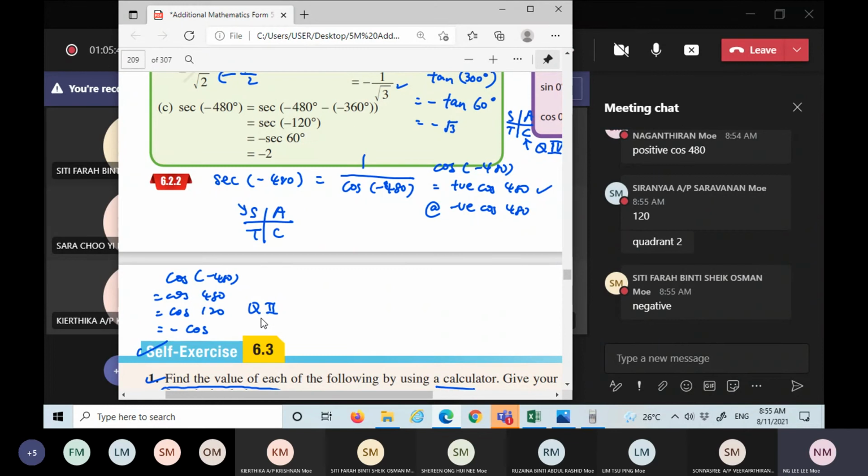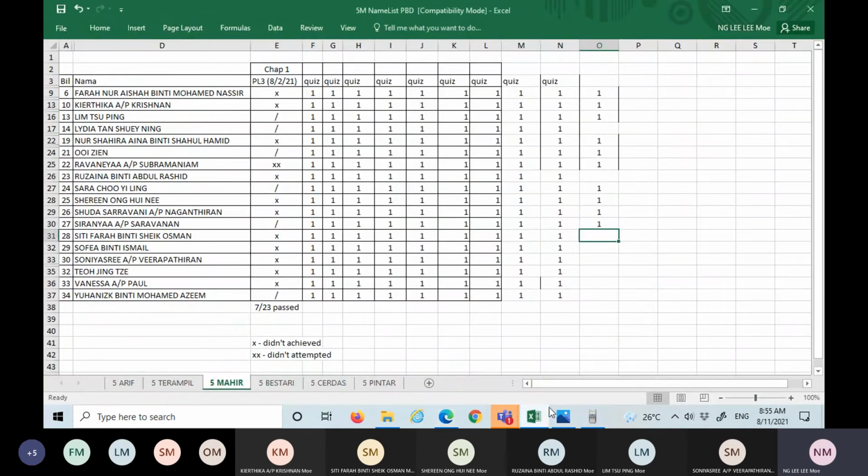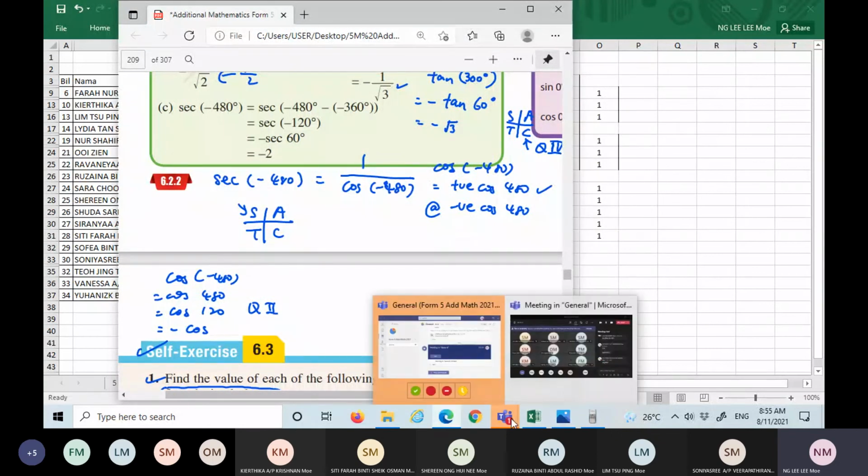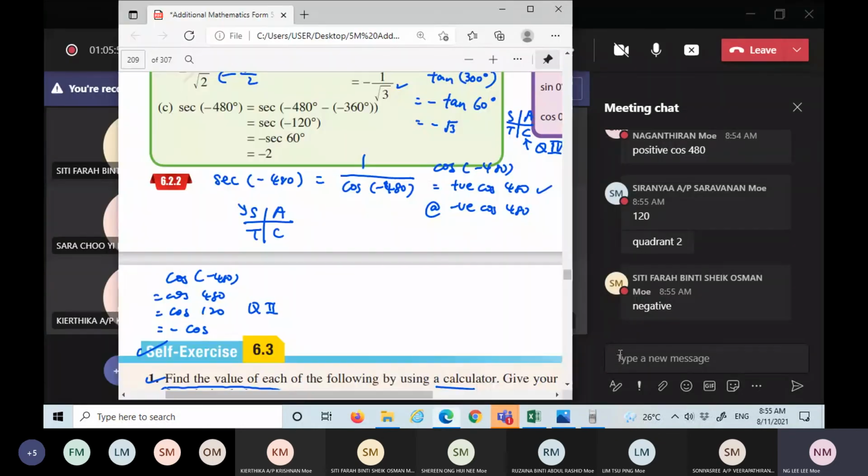What is the reference angle? Next girl, Sophia. How to get the reference angle? You tell me first. And then what is the reference angle?